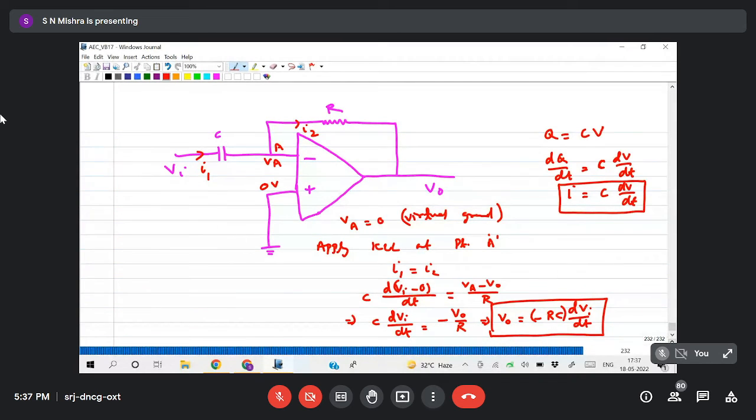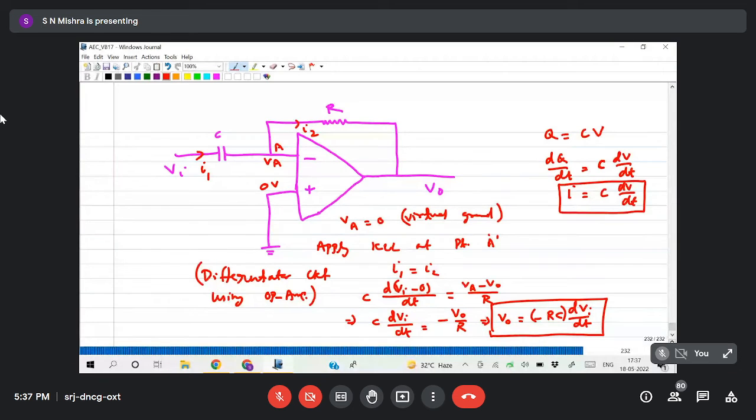So this circuit is amplifying the signal as well as differentiating the signal. So this is called a differentiator. Okay, understood? Yes, sir.